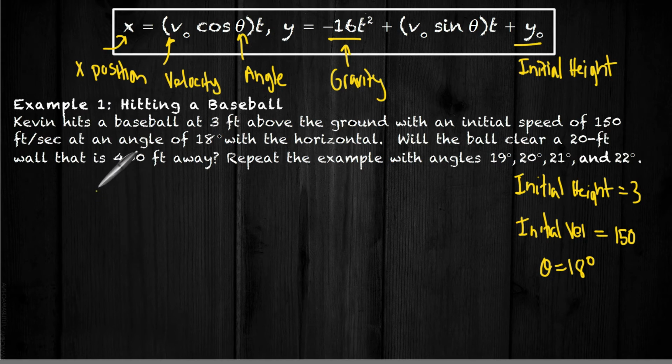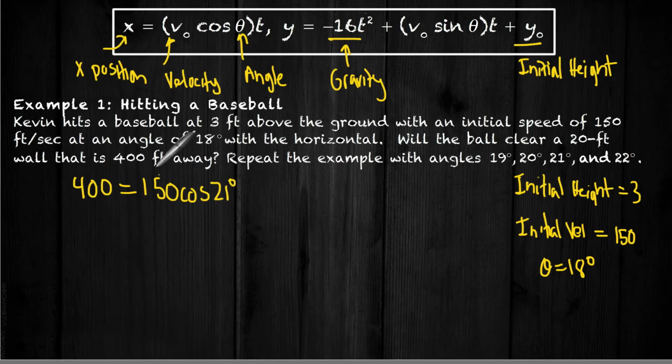Well, the algebraic way of doing it, and this is the way I prefer, is to use these equations. And let's just think about what we know. We know that when the ball crosses over the fence, the x coordinate is 400. So we can put 400 right here for the x. We know that the initial velocity was 150. And the angle that the ball was hit at was 21 degrees.